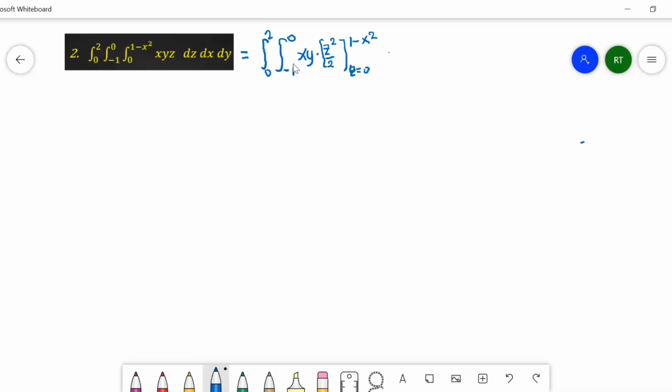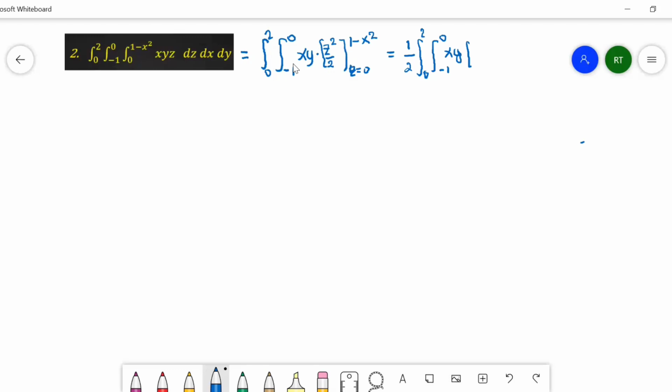Now, since we have a constant 1 half here, we can write 1 half before the integral sign. The limits of integration: x going from negative 1 to 0, y from 0 to 2, and we have xy, then just evaluate z squared at the upper limit minus z squared at the lower limit.